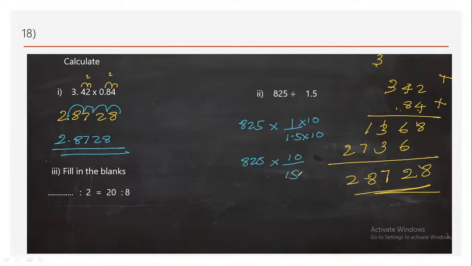Now cancel out. How many 3s? 2. 825 divided by 3 is 275, 15 divided by 3 is 5. 275 multiplied by 2. 2 times 5, 10, 1 remainder. 2 times 7, 14 and 1, 15. 1 remainder, 2 times 2, 4 and 1, 5. Answer is 550.